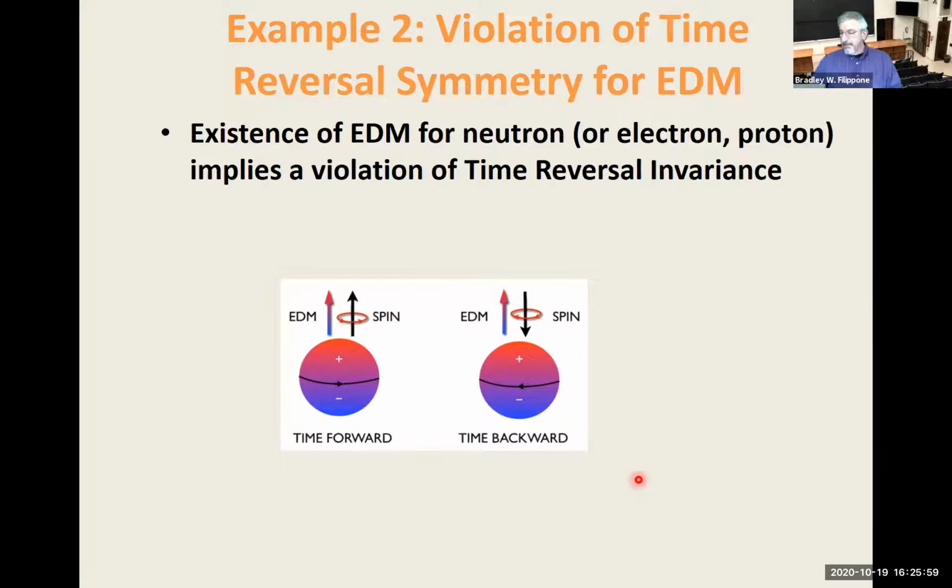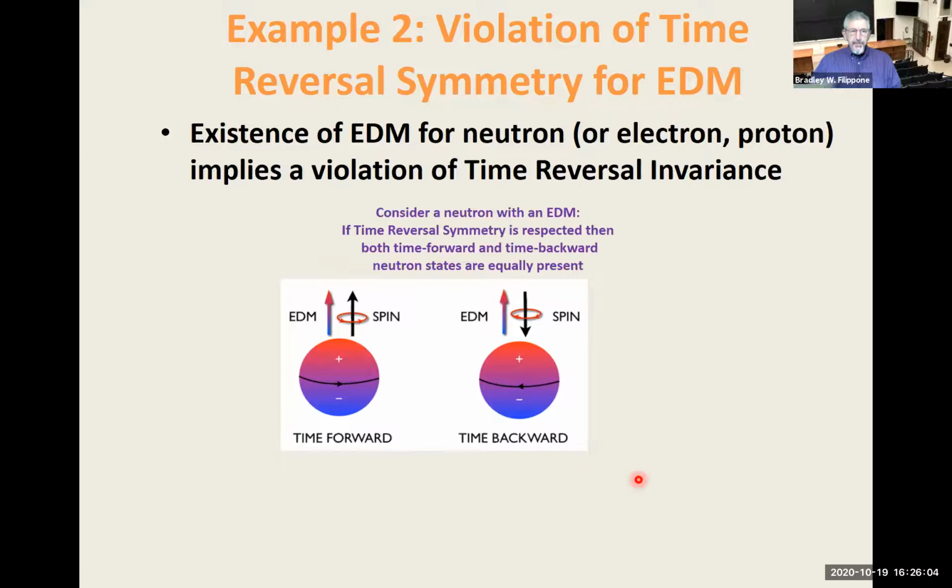The existence of an EDM implies time reversal violation, and let's see why. If I have a neutron with an electric dipole moment, on the left is a dipole moment which points from minus to plus. It's presently along the spin.